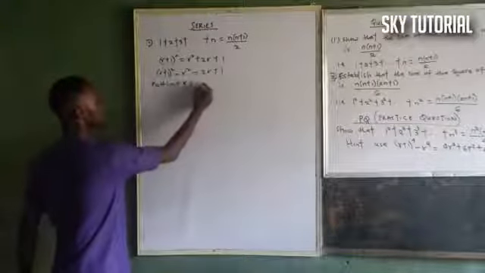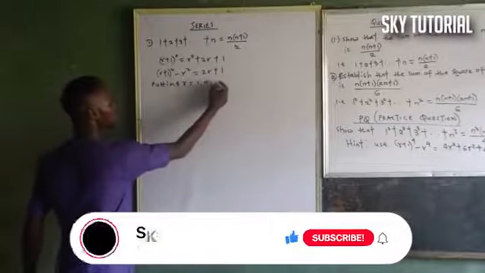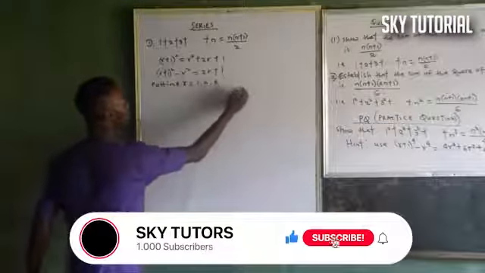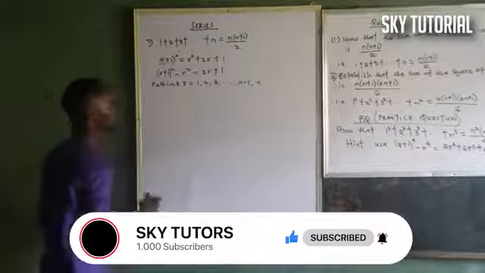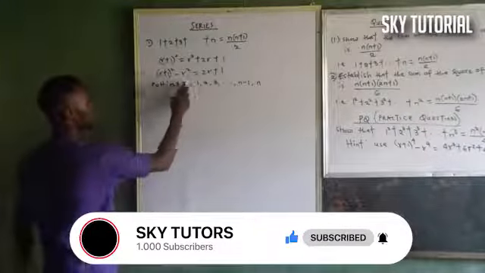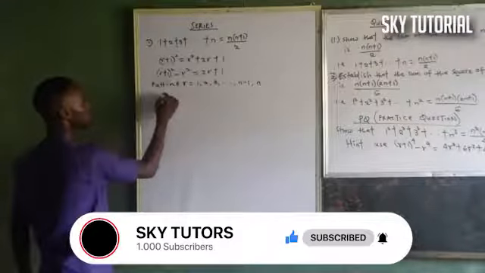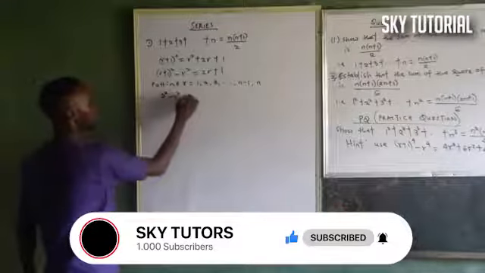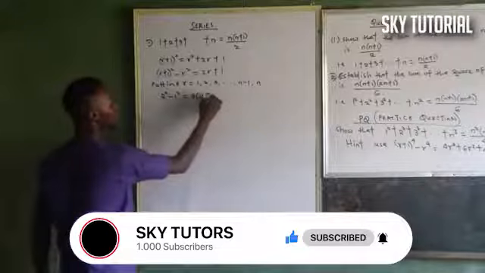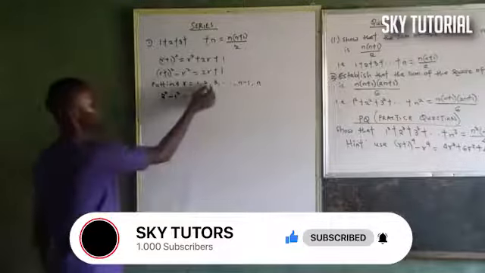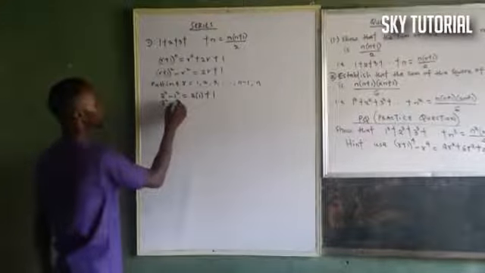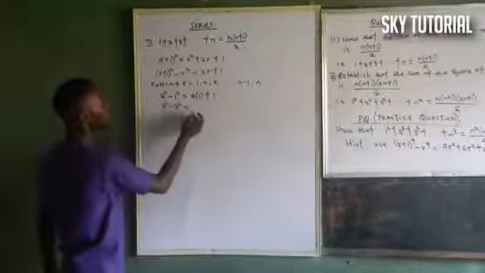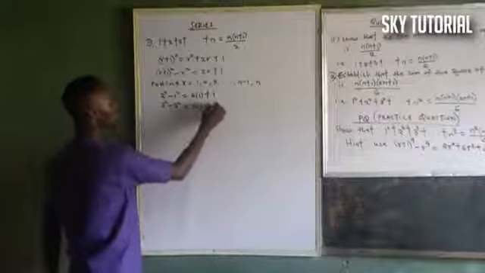From here, we put in r equal to 1, 2, 3, dot dot dot, n negative 1, and lastly n. If I put r to be 1, I'm going to have 2 squared minus 1 squared equal to 2 into bracket 1 plus 1. When I put the next value of r, I have 3 squared minus 2 squared equal 2 into bracket 2 plus 1.